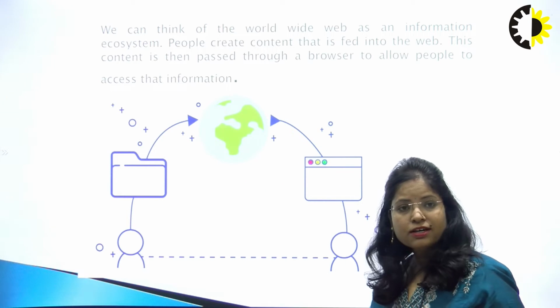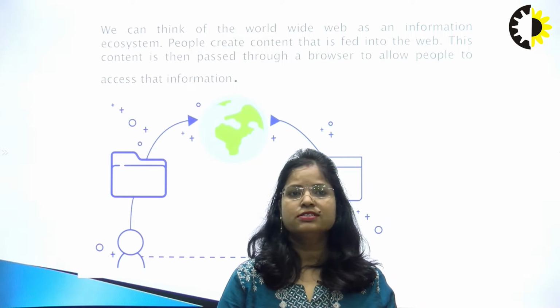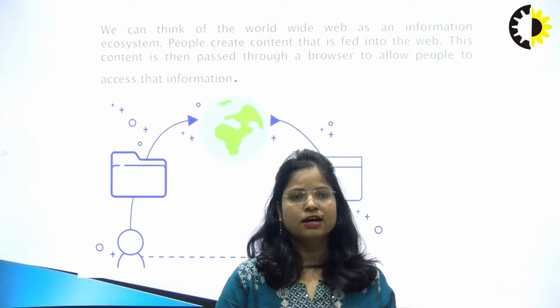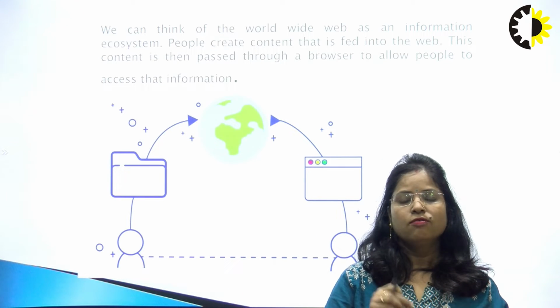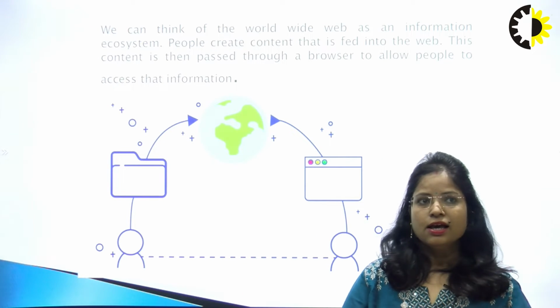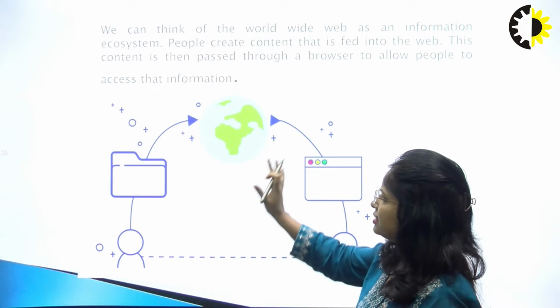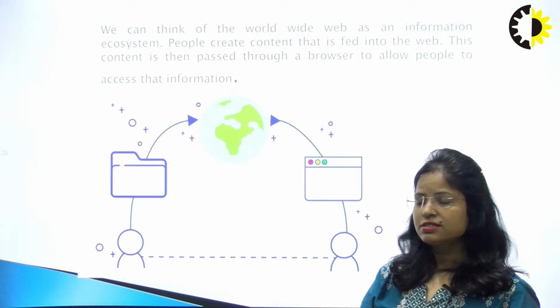We are living in the era of internet. All of us use the internet very frequently. Our daily work is mainly dependent on the internet. But think about what happened in the 90s. We can think of the internet like an ecosystem. What does it mean by ecosystem?